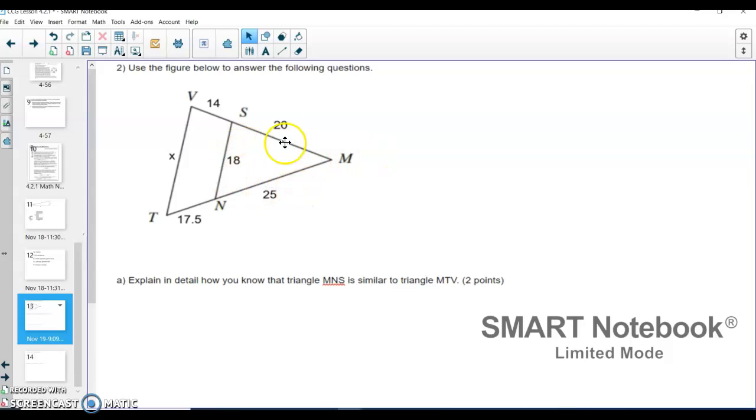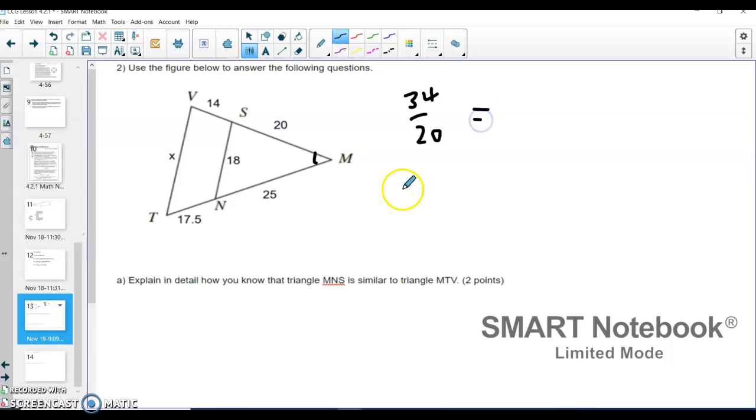And the way to do that on this problem was to do side angle side, because they share angle M. Oops, gotta use a different color. They share angle M, and we should see that MS is proportional to MV, because that would have been 34 divided by 20, and you would have had an answer there, hopefully getting a zoom factor of, I believe, 1.7.